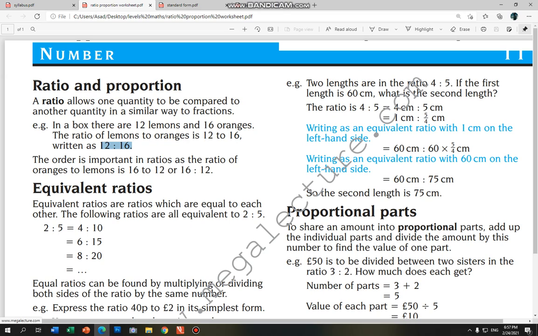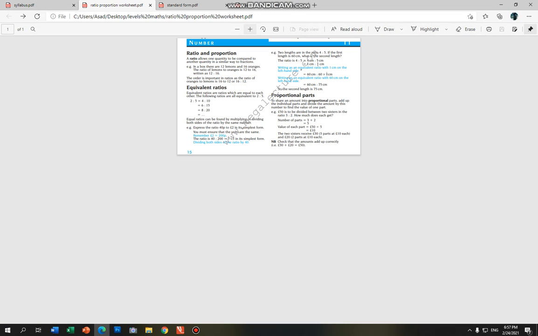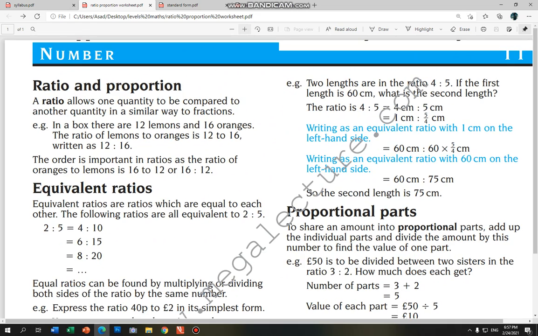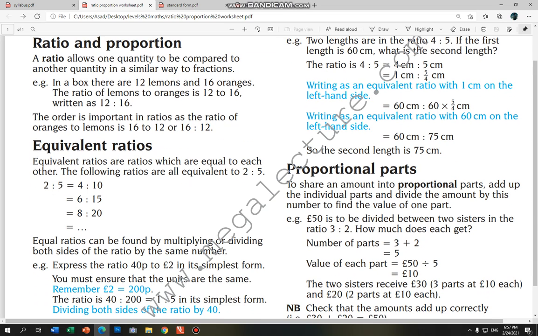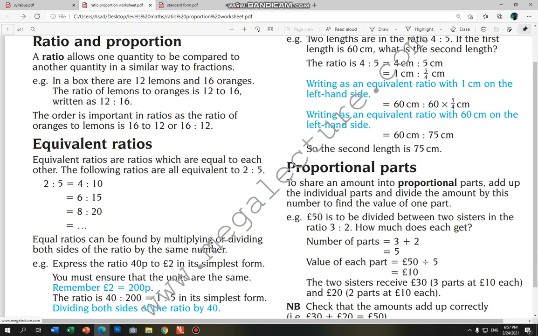The order is important in ratios. How many oranges are there? 16 oranges. The ratio of lemons to oranges is 12 to 16.